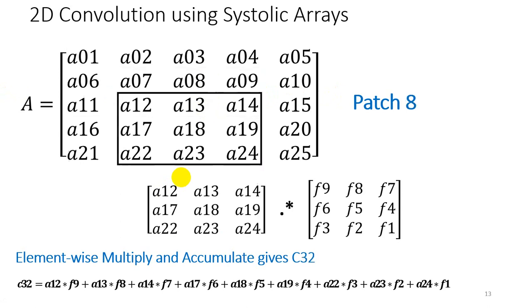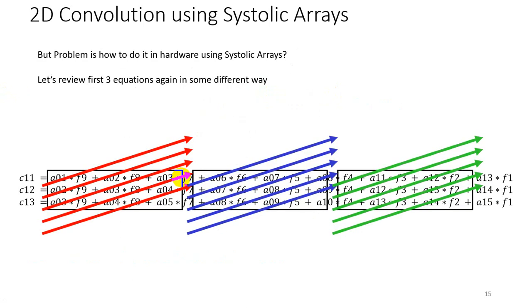So now we see how we convolve using systolic arrays. First we see we have C11, C12, C13.